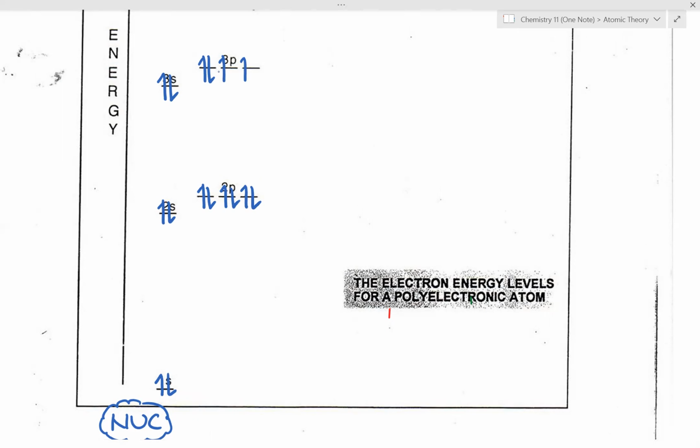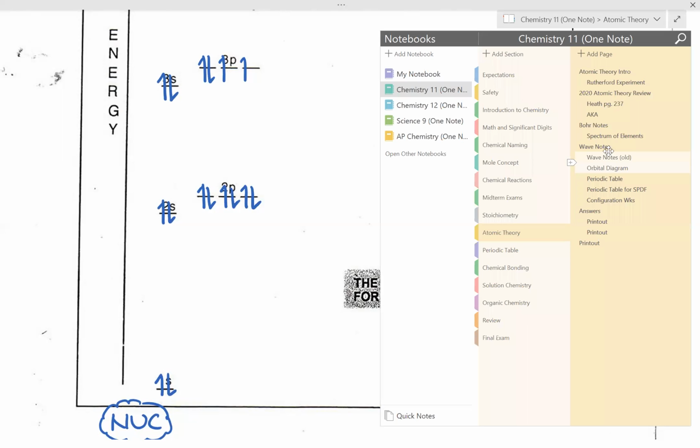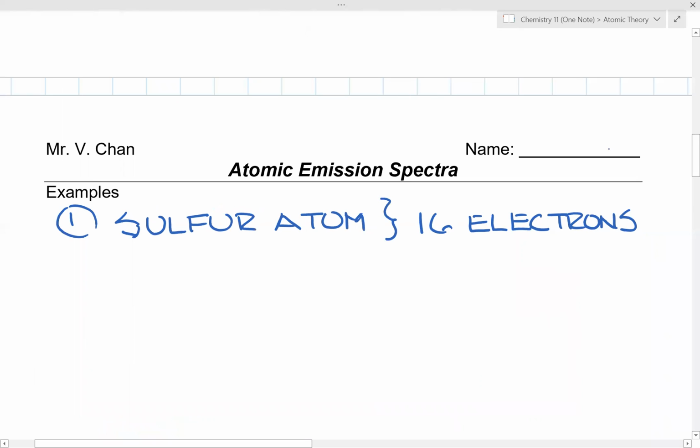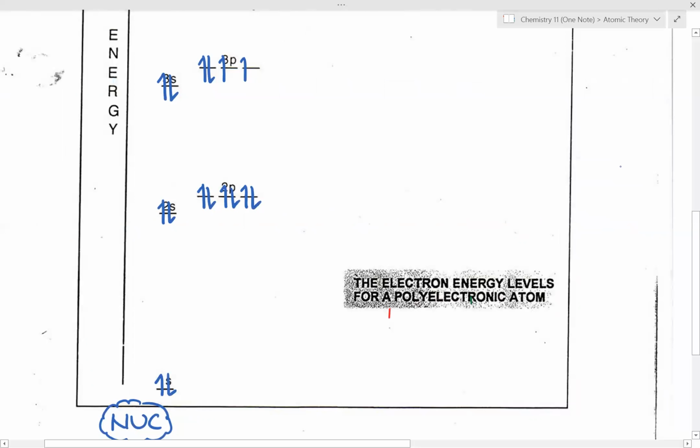So how does this look? We have 16 electrons, like what my question was asking for, 16 electrons. We just fill it in. So in this case, for sulfur, I go 1s. I have 2 of them. That's here. Go to my next one.